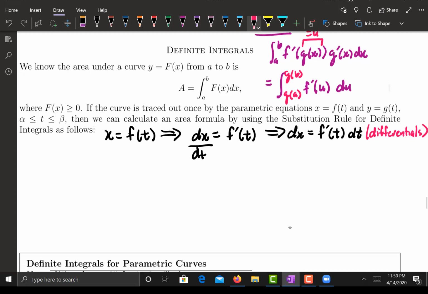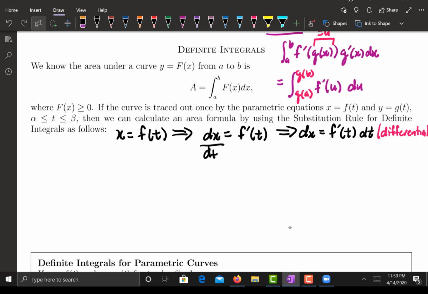And so let's talk about what my bounds are going to be for that. It's going to be based off of what bounds I have for the parameter. So in my original integral, my bounds a and b are values of x, meaning a and b are going to be my parametric equation x evaluated at one of those 2 points.